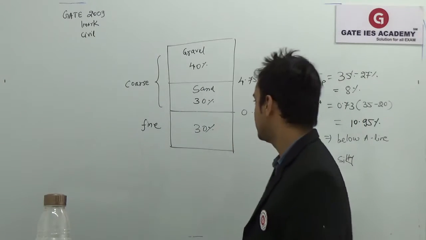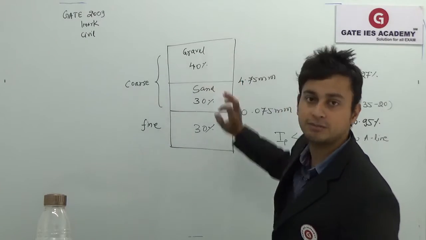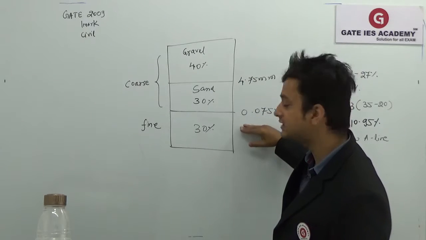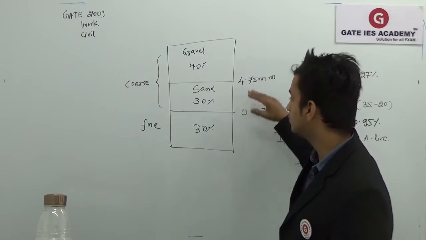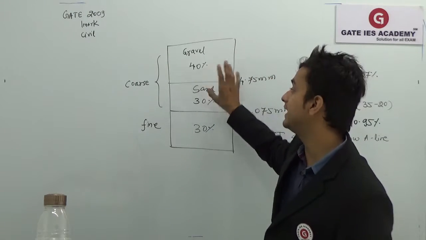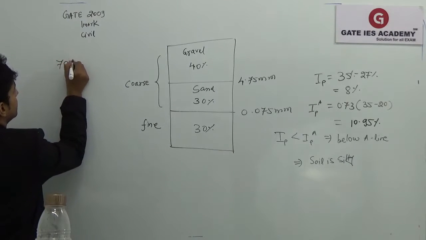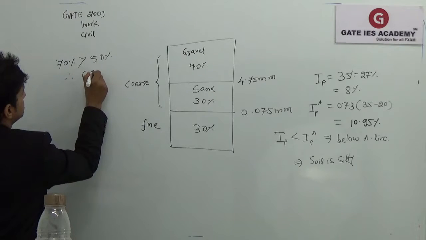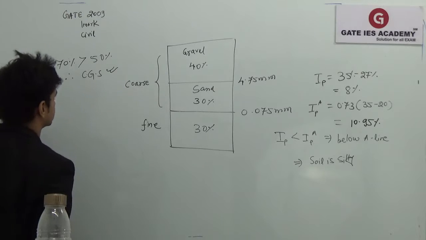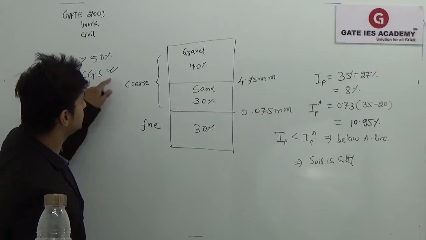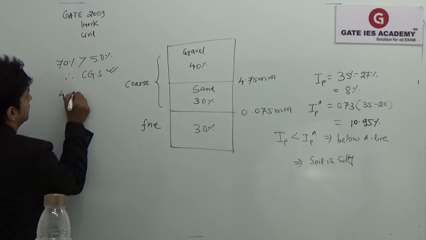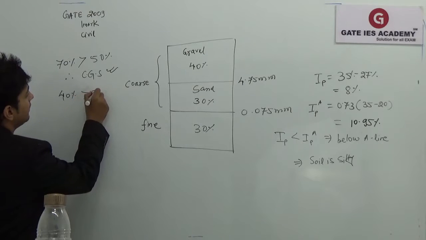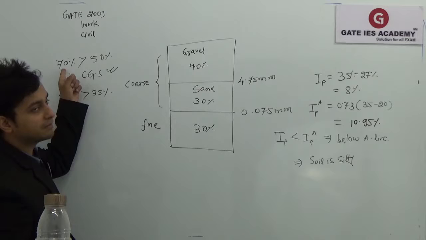Very easy question. Because this is 30, this is 30, obviously gravel will be 40%. As we can see, out of total, below 0.075 mm is 30%. So more than that will be 70%, which is greater than 50%. Therefore, it is coarse grained soil. Now, out of this 70%, 40% is greater than 35%, which is 50% of the 70%.